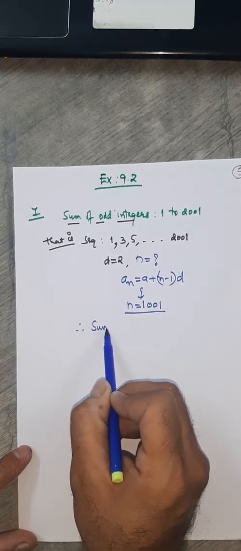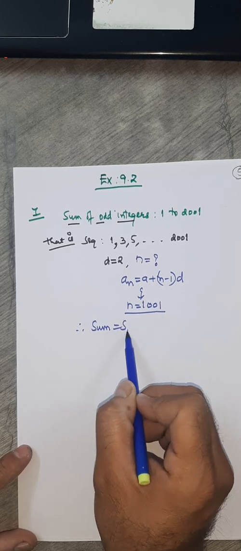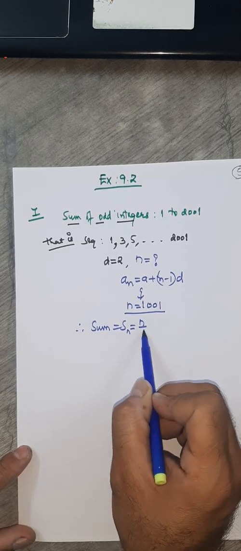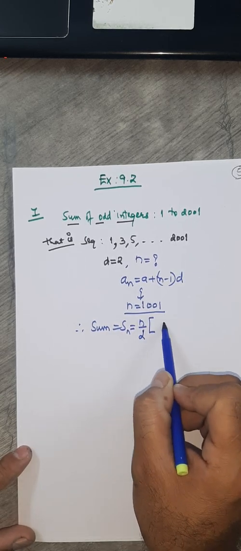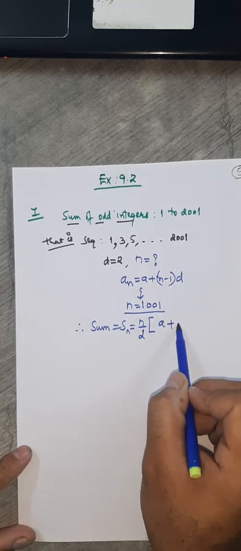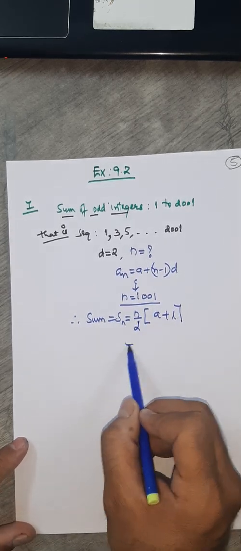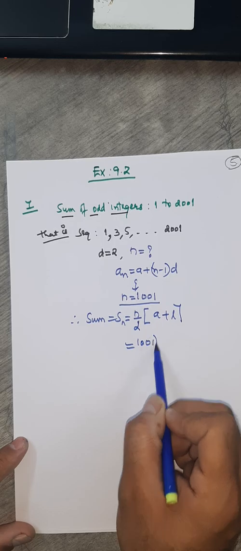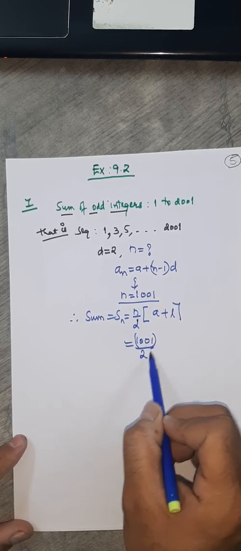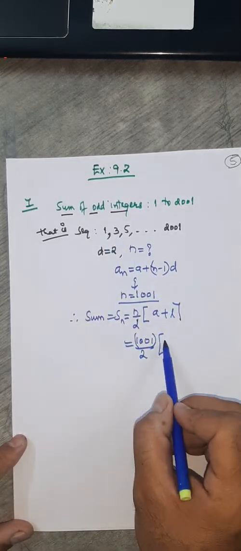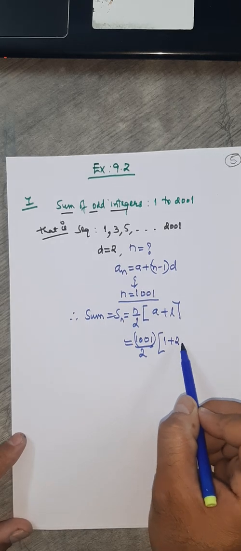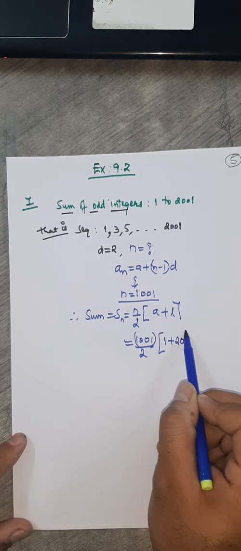So the summation, Sn equals n by 2 into a plus l, because here we know the last term. What is n? 1001 by 2. What is a? 1. What is L? Here it is 2001.